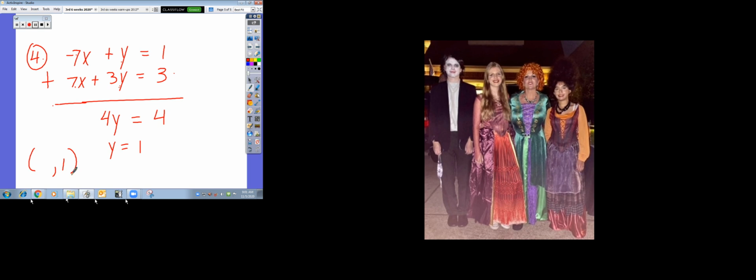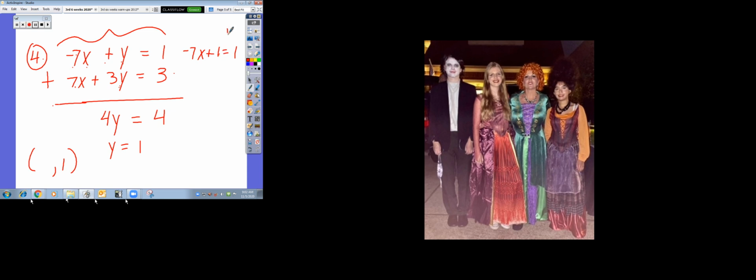Take that 1 and go back to any of the two equations that you started with and take out the y and put in a 1. I'm going to go back to this one. So instead of negative 7x plus y equals 1, I'm going to put negative 7x plus 1 equals 1. I took the y out and put a 1 in its place.